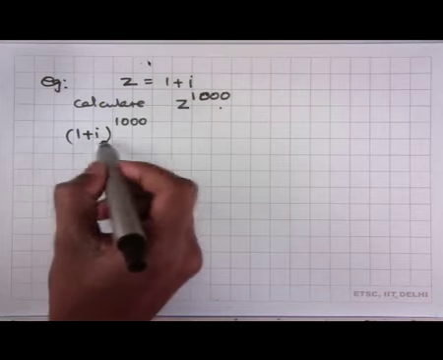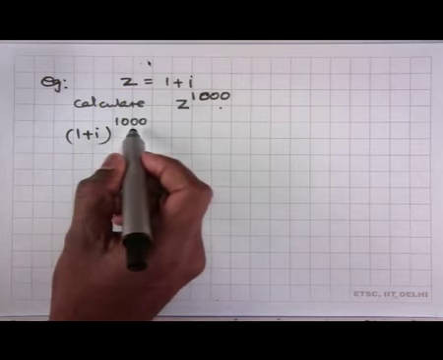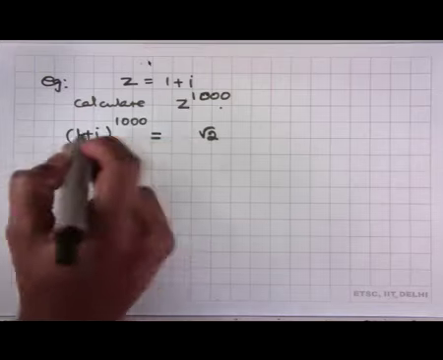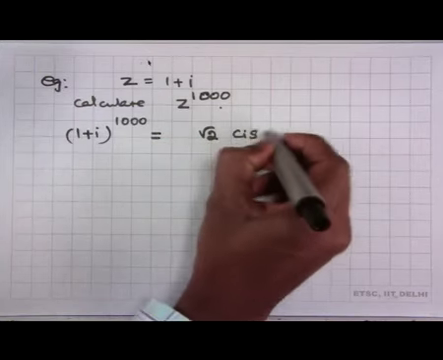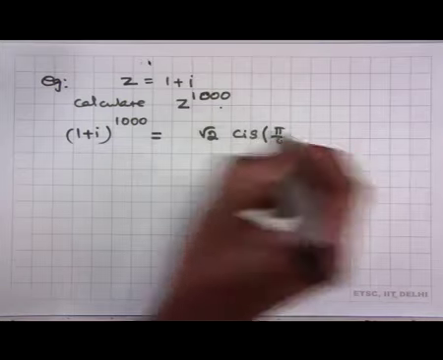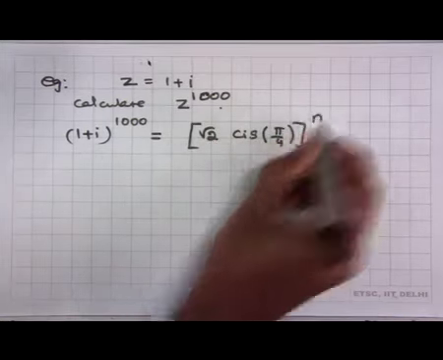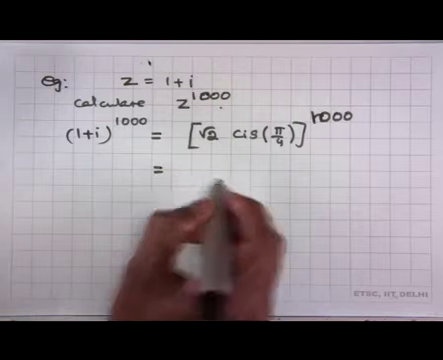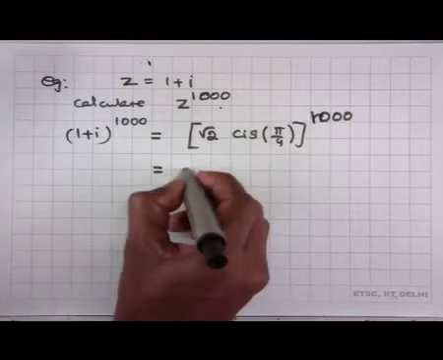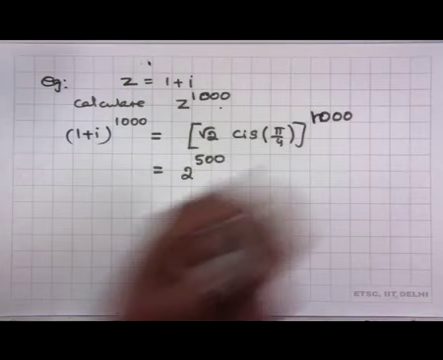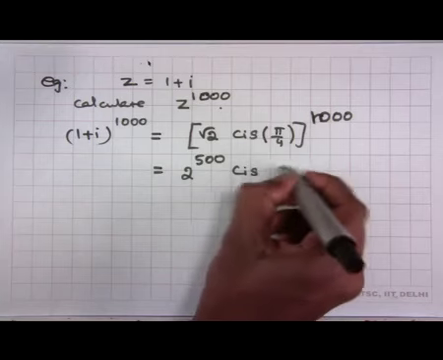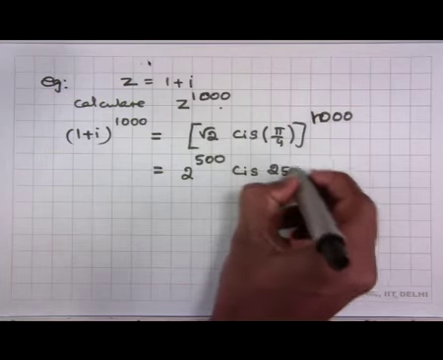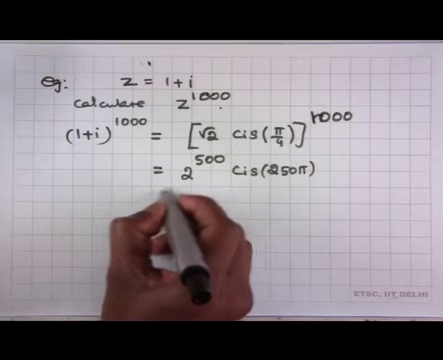If we do the direct multiplication, it may not be computationally easy, but if we go to the polar representation, which is root 2 cis pi by 4, then De Moivre's formula says take the power of r, which we get as 2 power 500, and then cis of 1000 times pi by 4, which is 250 pi, and we know that this is just 1.